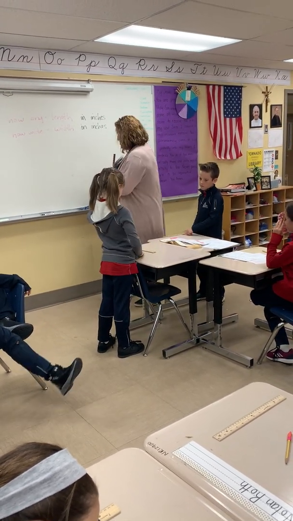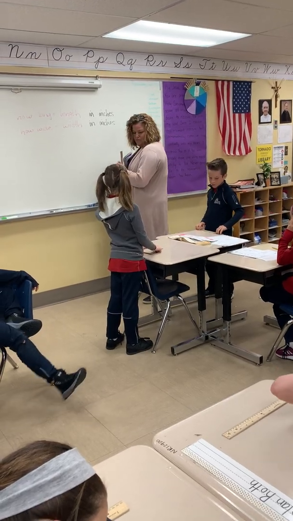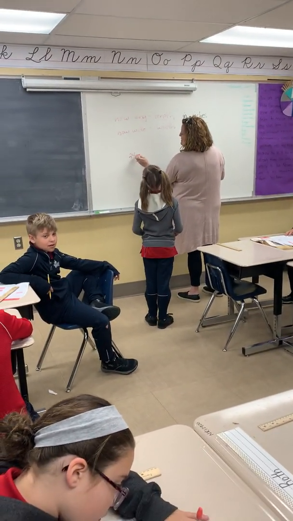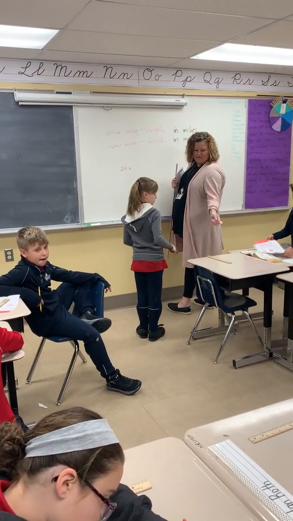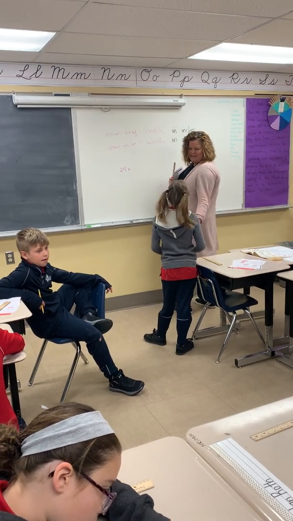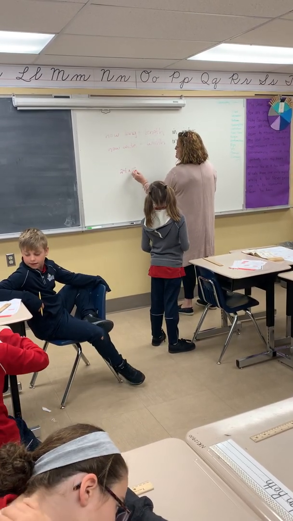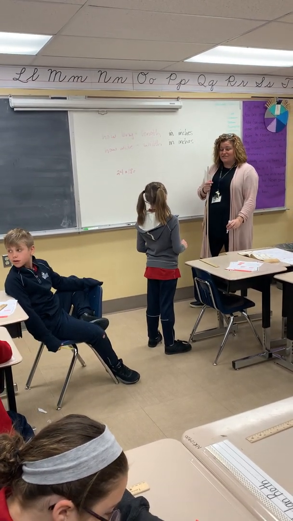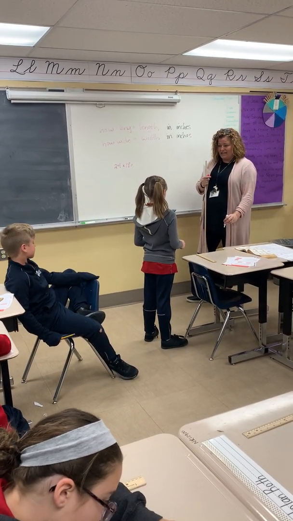Yeah, so 24 is your length, right? 24 inches, and how much is your width? 18 is your width. And then we're gonna find the surface area that way, right?